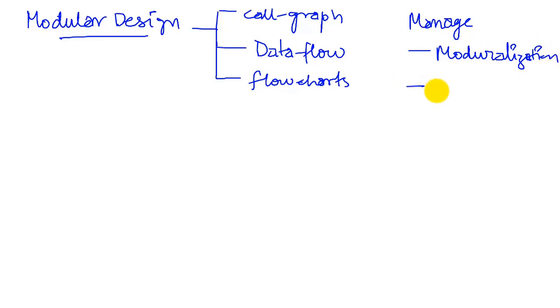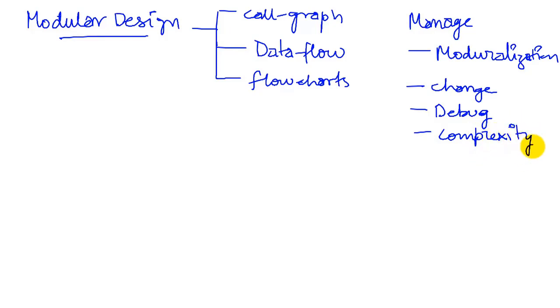This will allow us to manage change. It will allow us to debug easily, because if we break them up into small modules, we test one module, we're sure it works, and then we can hide that module as if it were a box and work around it and see other modules. As I said, it allows us to manage complexity.